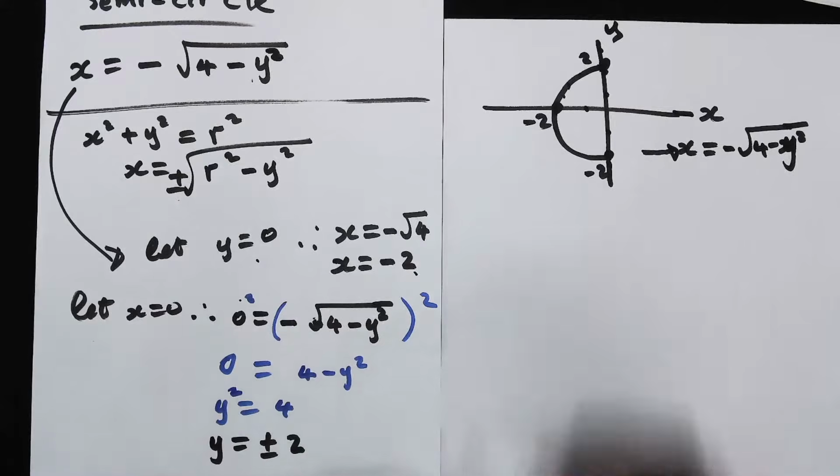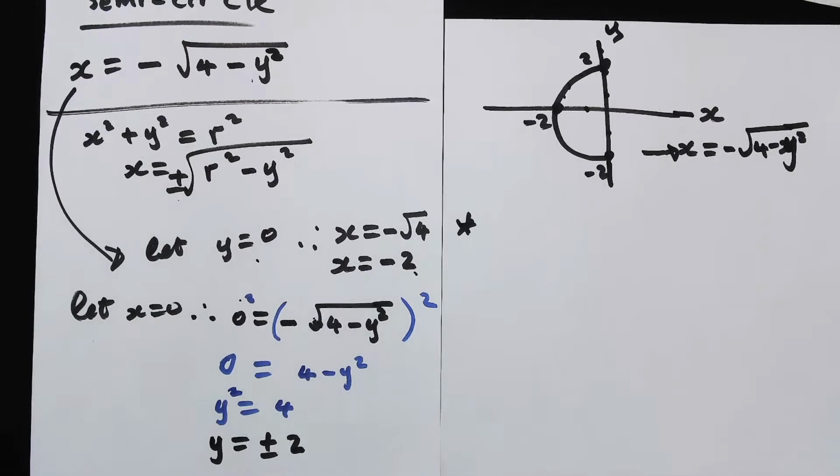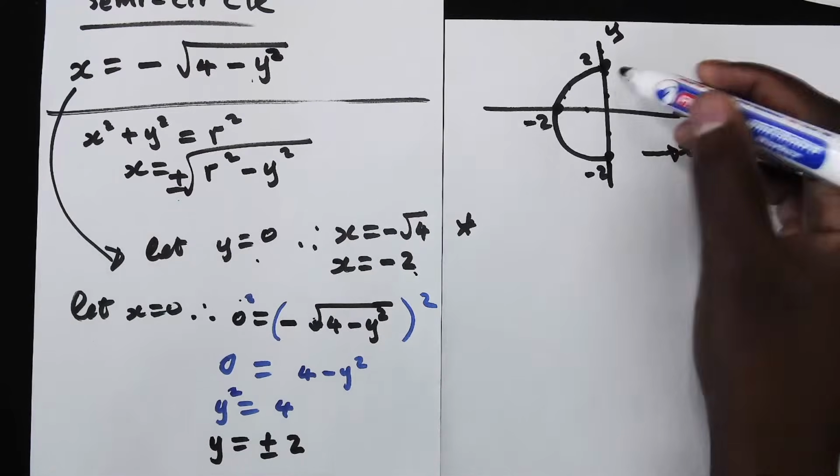All right, we'll ask the first question: are we having a function or a relation? Are you sure? It is a relation, isn't it? Remember, we got two values of y with one x value. I hope you see there are two values of y produced that we have plotted.